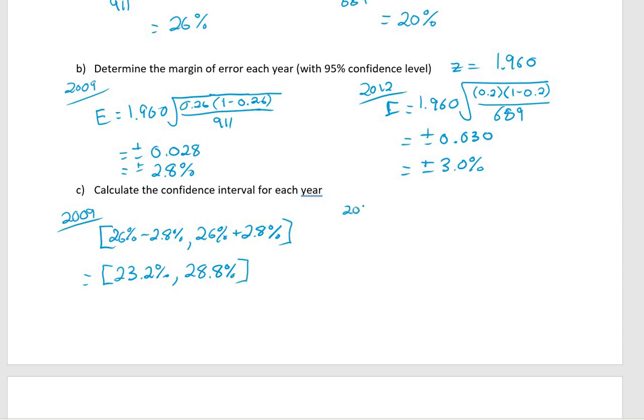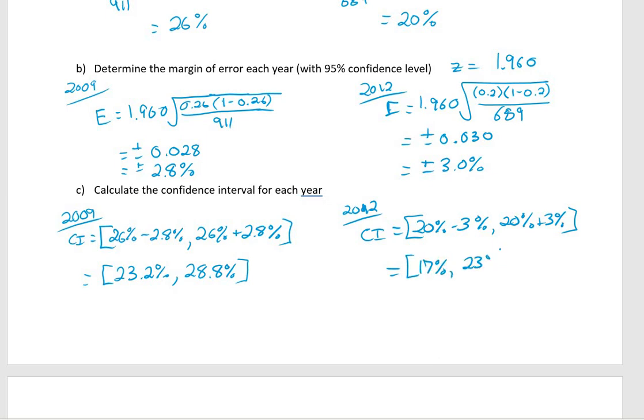And in 2012, we do the same thing. The confidence interval, let's give it a name, in this case was 20% minus 3% for the lower, 20% plus 3% for the upper bound, or 17% to 23%.